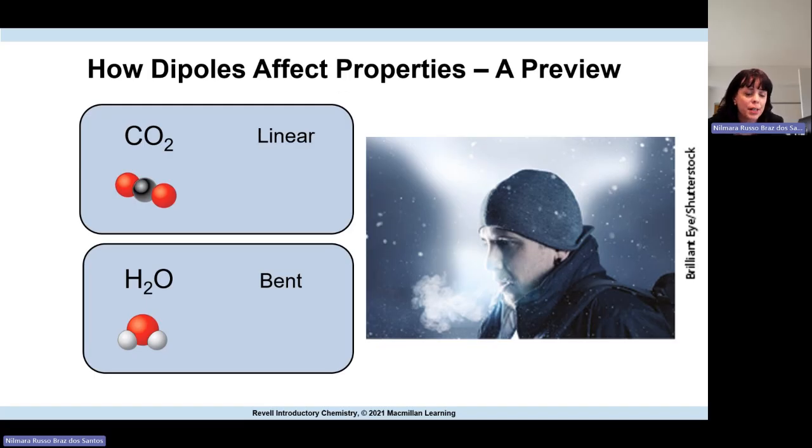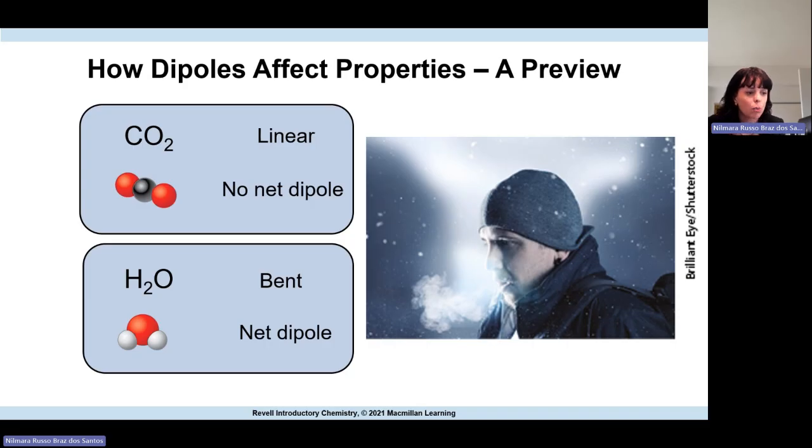The shape and polarity of molecules impact their behavior, as I said. Let's compare the properties of CO2 and water. CO2 is linear and has no net dipole, because in a linear molecule they pull in opposite directions. And water is bent, and we have a net dipole.